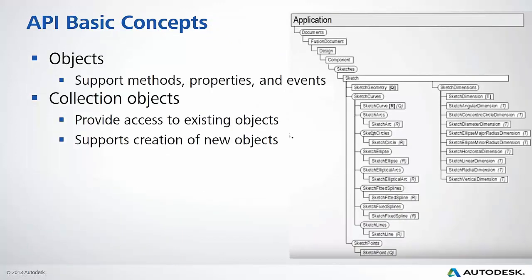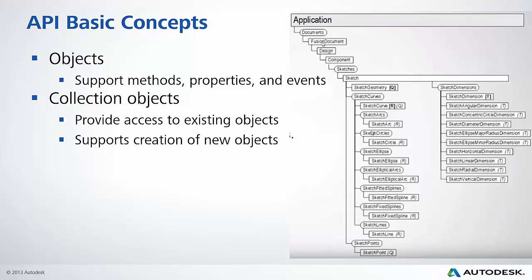All right, so kind of what I wanted to cover, if you ever want to, you can actually look at the object model for Fusion. Let's see if I can pull it up real quick because I had one open. But it gives you a full list of all the different areas that you can touch on, and just like the generic name for them whenever you're programming. So whenever we're looking at the API, you have objects which support methods, properties, and events. And so all of those are going to be the squared off boxes.